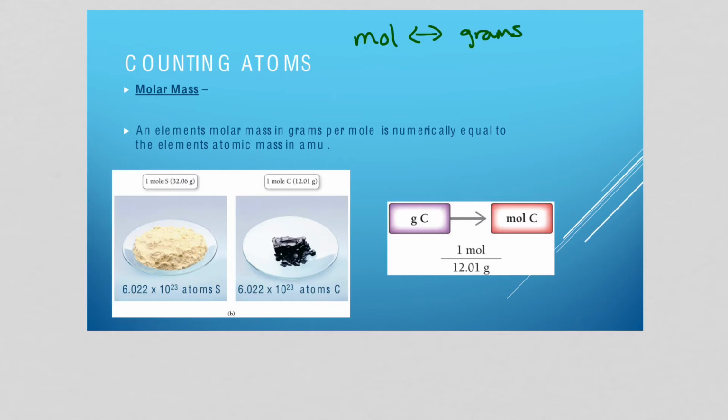What I'm going to use here is something known as the molar mass. The molar mass is the mass of 1 mole of atoms of an element.